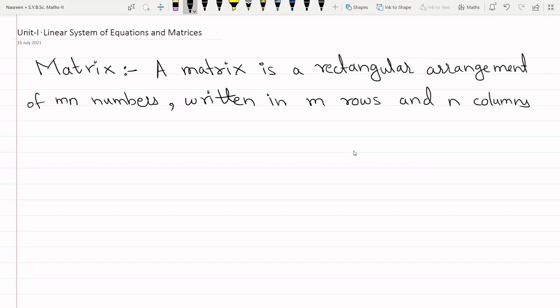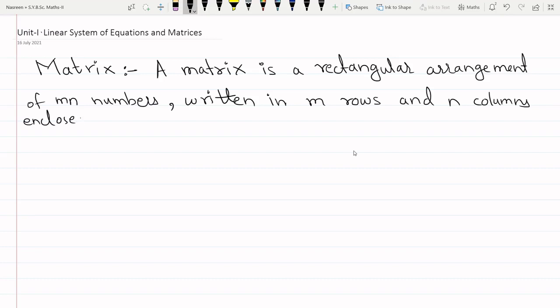So it is an arrangement of numbers. How many numbers will be there in the arrangement? M into n, where there should be m rows and n columns enclosed inside a bracket.